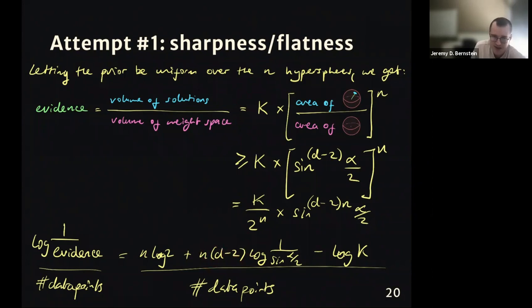So we get a generalization bound which compares the number of parameters with the number of data points. But the nice thing is that you have this log k being subtracted. So as long as k is exponentially large, meaning that there are an exponentially large number of solutions, then it doesn't matter that you have way too many parameters, because you have this compensating factor.